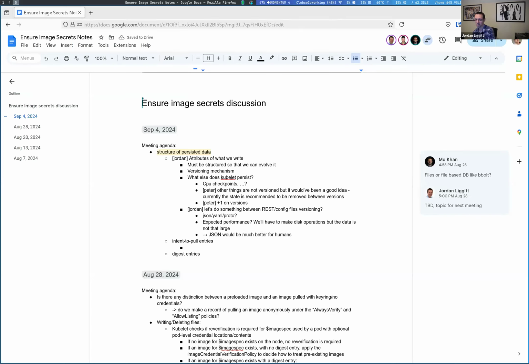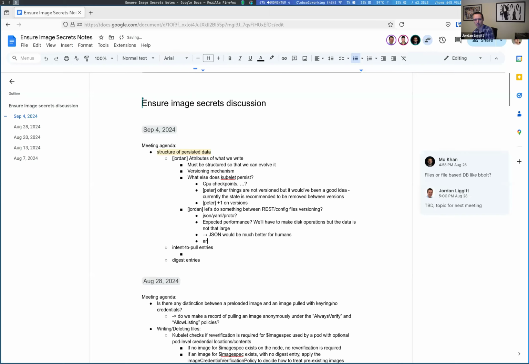But since I think it's small amounts of data, I would lean towards just JSON output for these records. Are there aspects that I'm missing where these would be super high frequency, or we would balloon the data so that we would care more about being as efficient as possible?